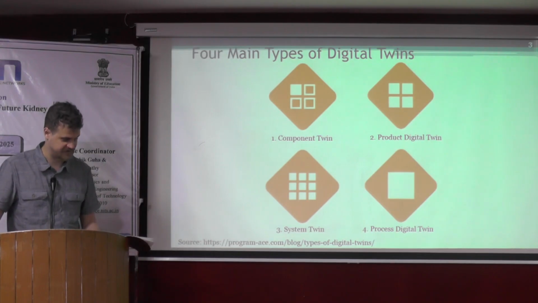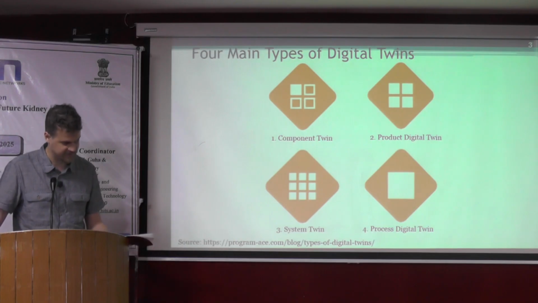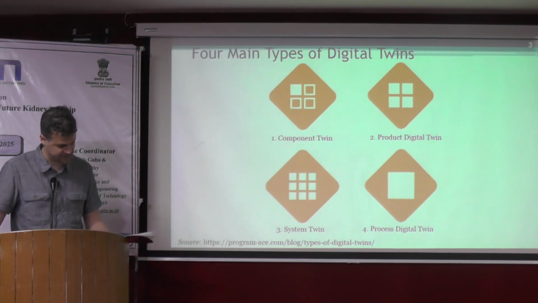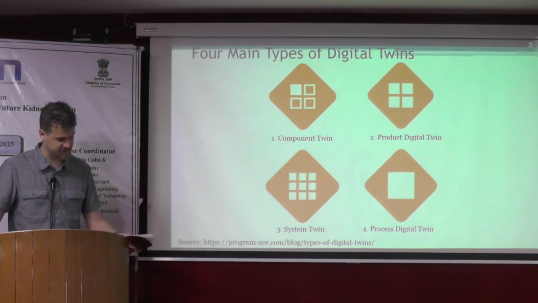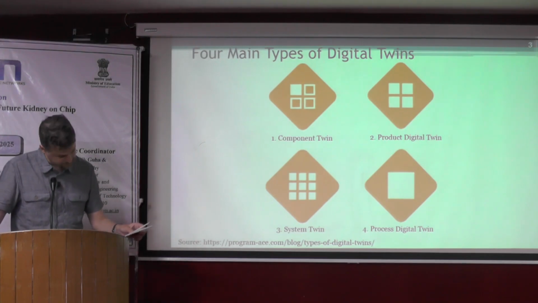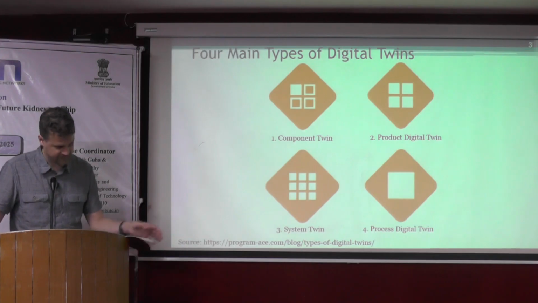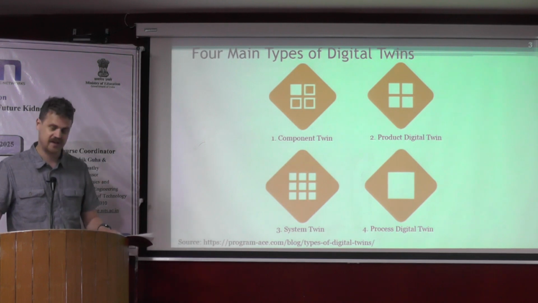It's also called the asset digital twin. It's the next stage of the hierarchy of that technology. It usually consists of several component twins and uses the information generated by the part twins to model complex assets, like engines or some machinery parts.